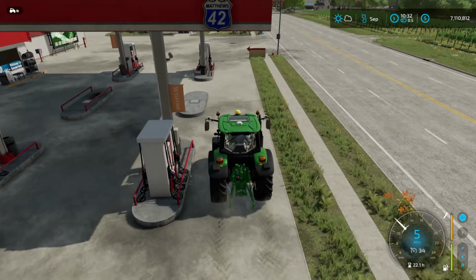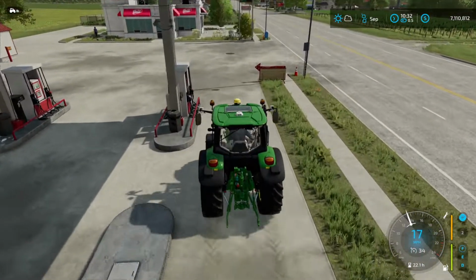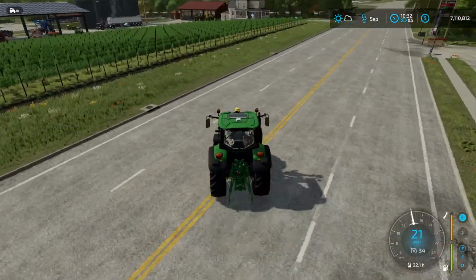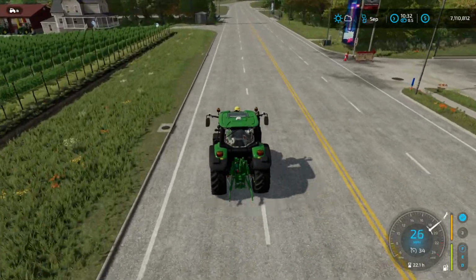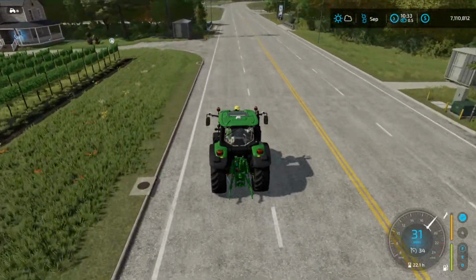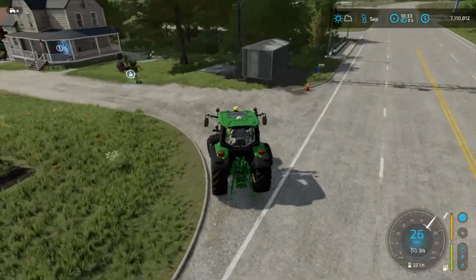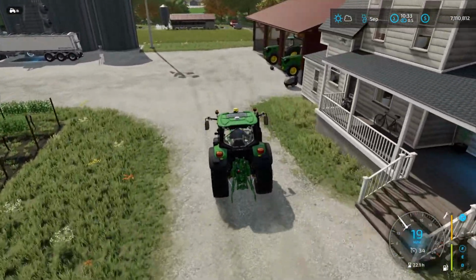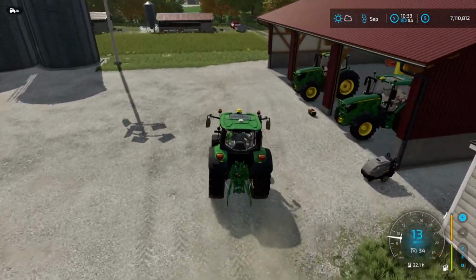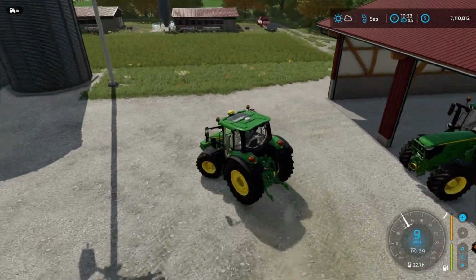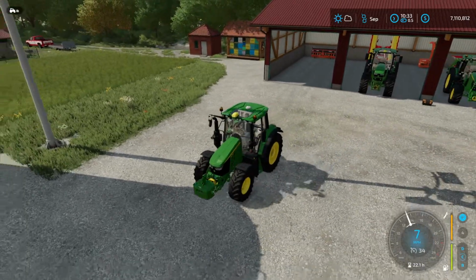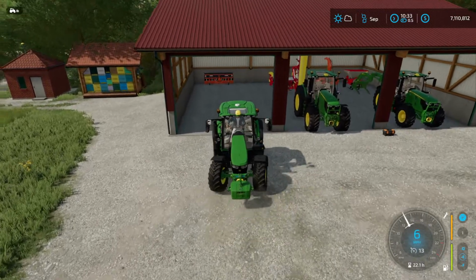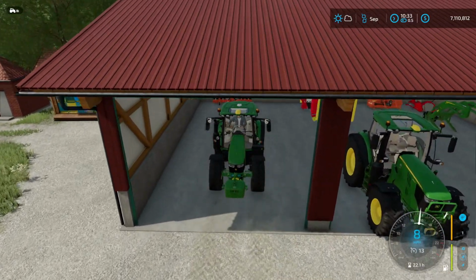Okay, so here's the conclusion, and give me a second to park this tractor. The game pays you a base price pretty much for everything, and once I'd figured it out, it made more sense. Pretty much everything is worth $1 a liter. You then do your math from there.